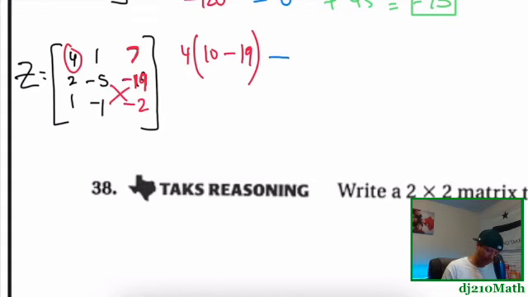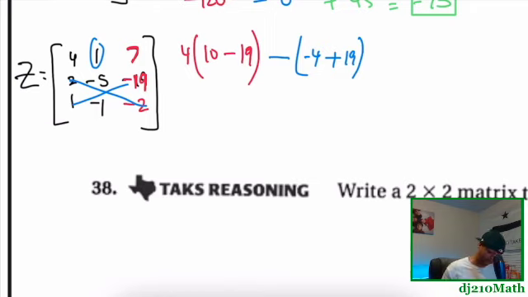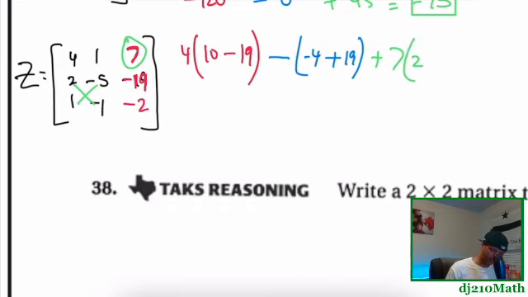Minus, always minus 1. That's nice. And then 2 times negative 2 is negative 4 minus negative 19. So plus 19. Plus 7 times this diagonal. 2 minus negative 5. So plus 5.